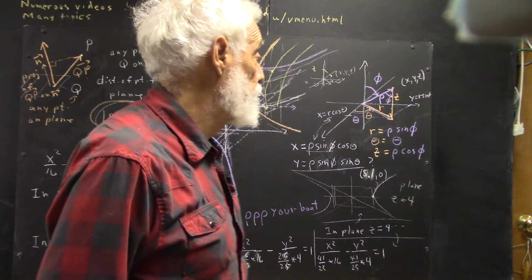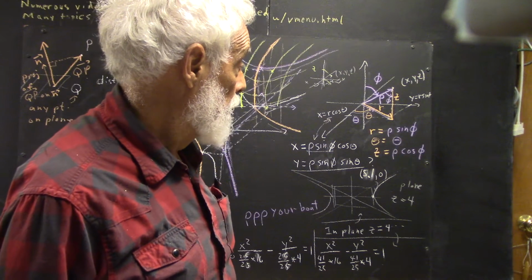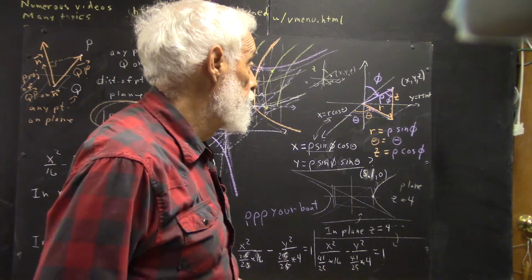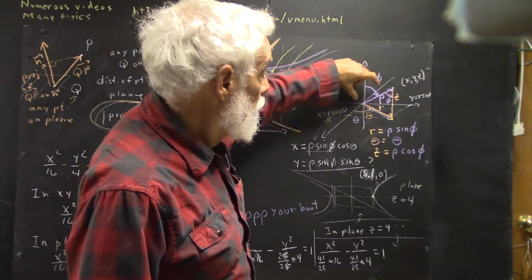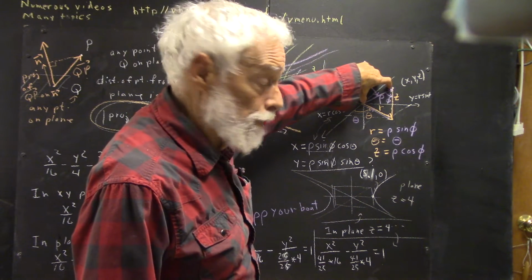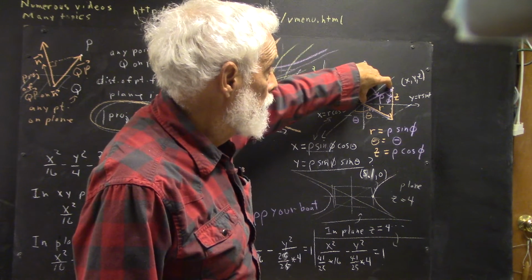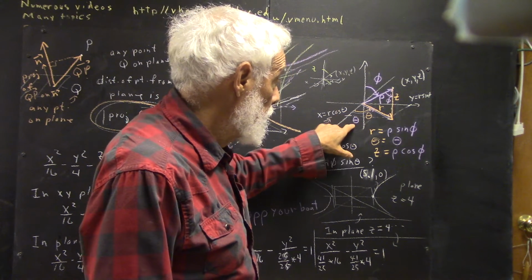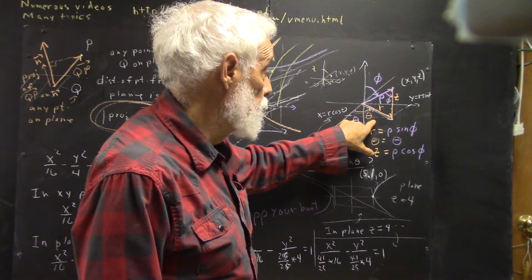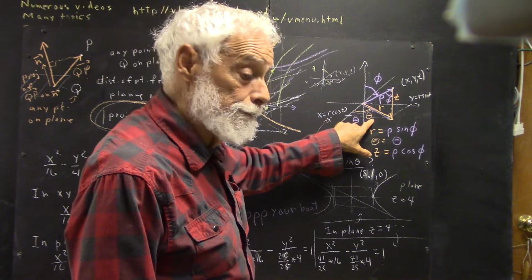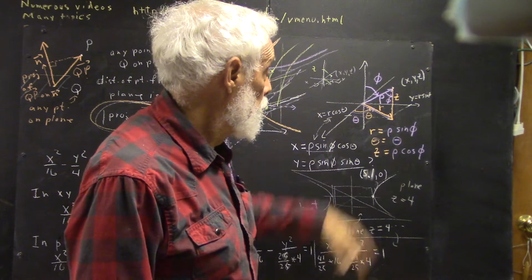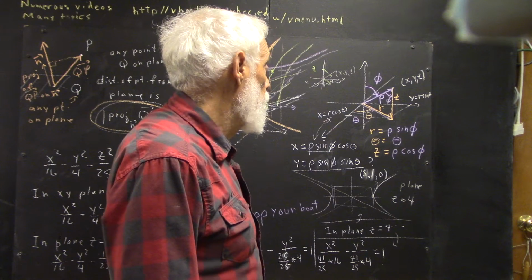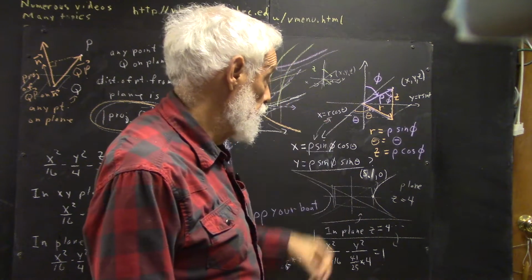to here. Okay. We didn't have to project anything to get rho, it's just a direct distance. But the other coordinate will be theta, the same theta that we used in the cylindrical coordinate system.